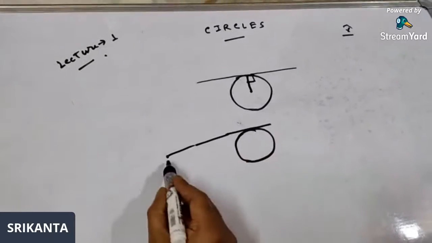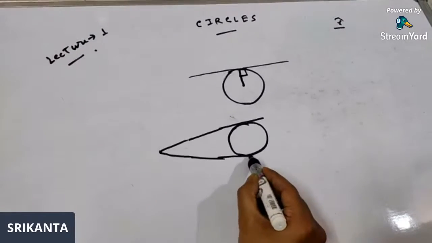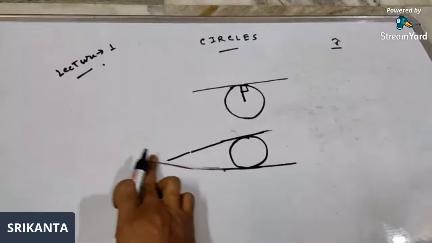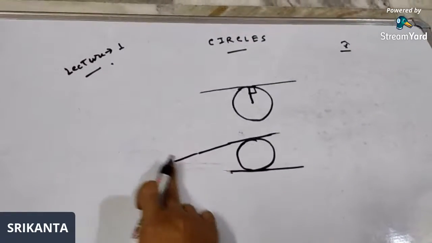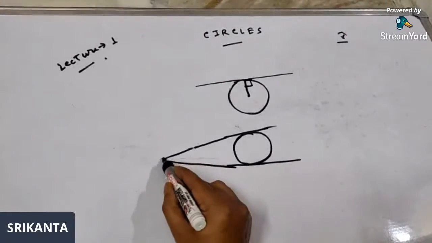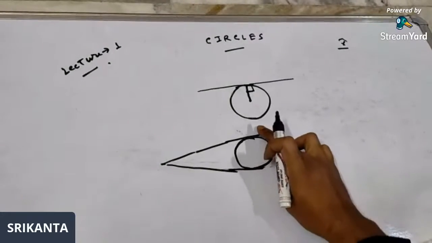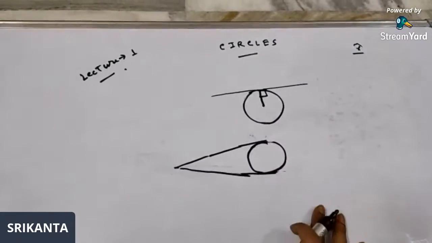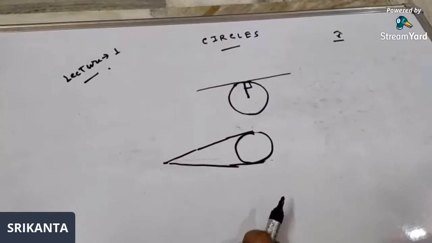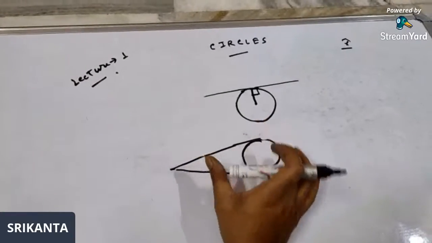There will be one tangent, and there will be one tangent. These are two tangents. Now this theorem says the lengths of these tangents will be equal.